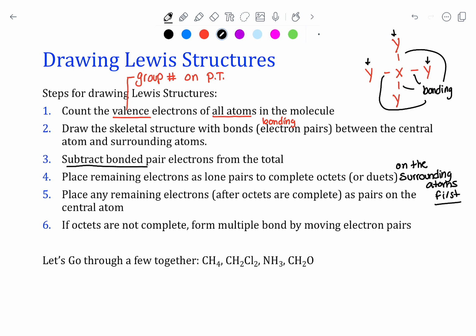Now we also have this thing called duets at the bottom. Duets, if you recall from the last time we talked about the octet rule, this was specific atoms can only have 2 electrons around them. We're going to see this specifically in hydrogen. It will only take on 2 electrons.